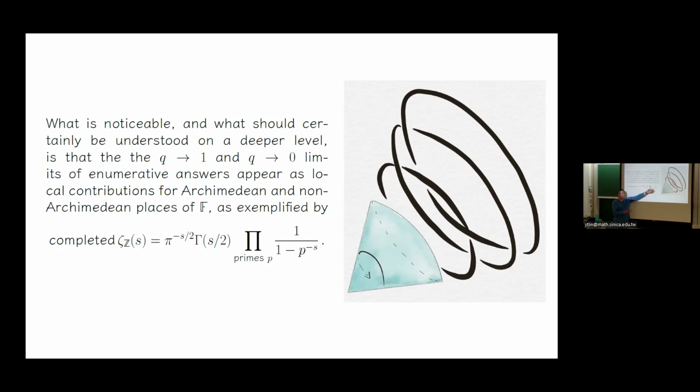That will be a product over all primes, and this will be this contribution for a prime, which is completely analogous to just the first term in this Q gamma function. So if you set Q to 0, only that first term survives, and then there will be a contribution like so. And the reason there's s over 2 is because of the Archimedean point. Imagine yourself what the Archimedean point looks like.